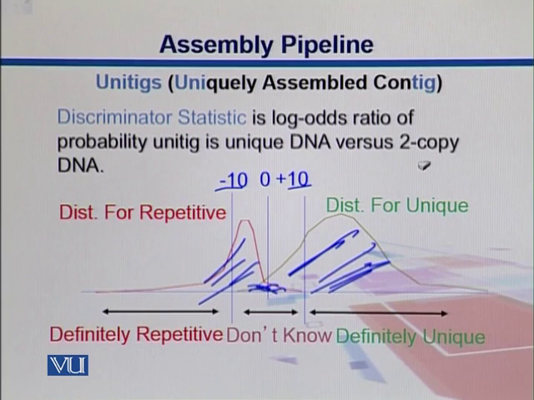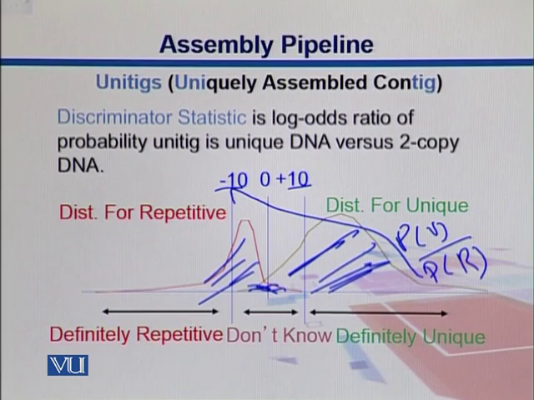We are getting this negative and positive number since in this equation we are taking the probability of being unique at the top, so probability of unique is here, versus probability of duplicated or repetitive. So if this part is higher, it will give you a negative number. If this part is higher, it will give you a positive number.